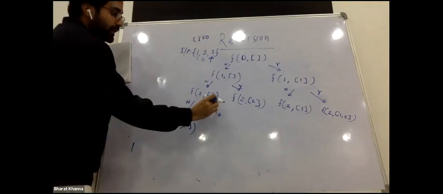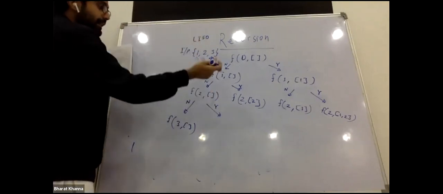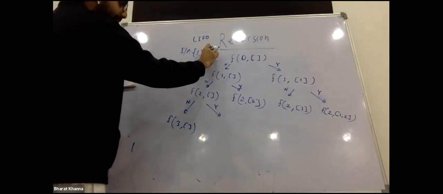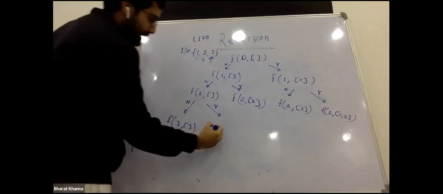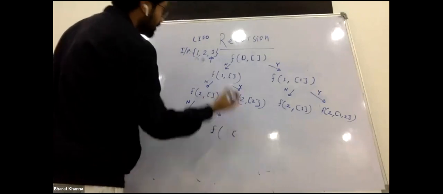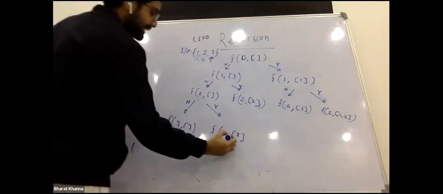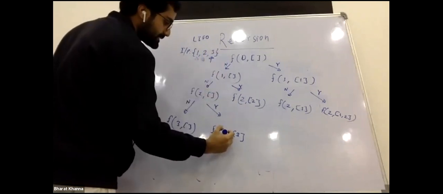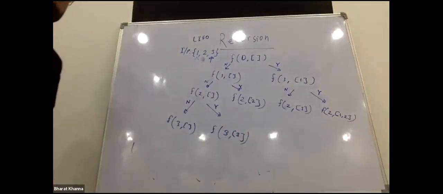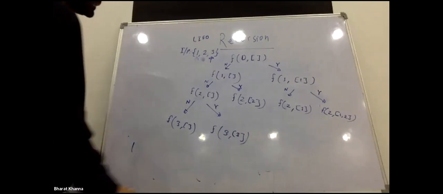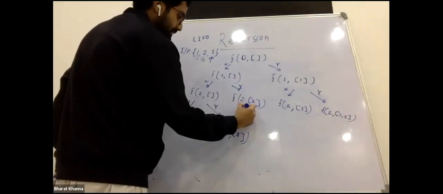Now, if I say yes, that means I wish to include this second element in my subset, then this subset will contain this element, which is 3, and then I move on to the end of the array, which is 3. Clear?